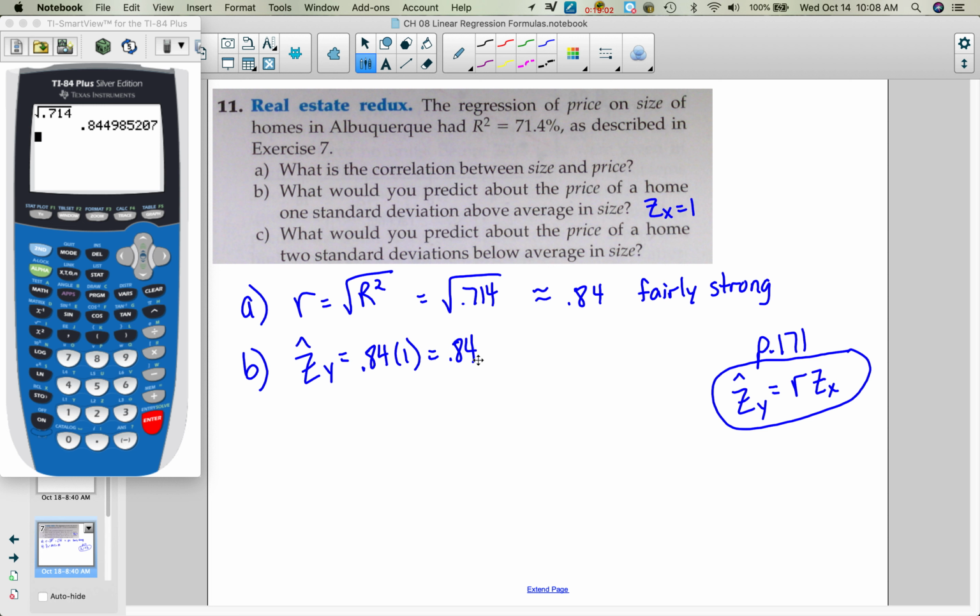So that tells me that the price is about 0.84 standard deviations, and it's positive, so it would be above average.